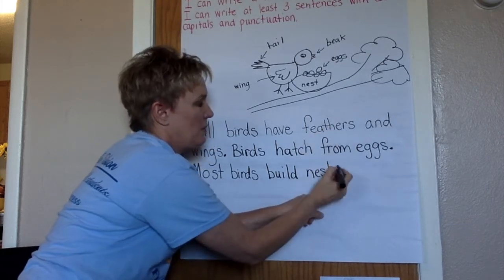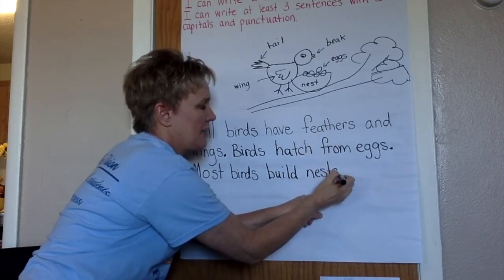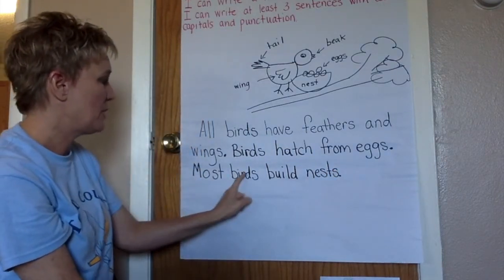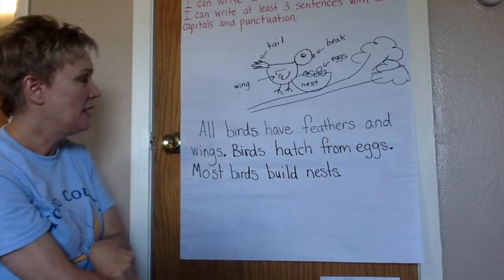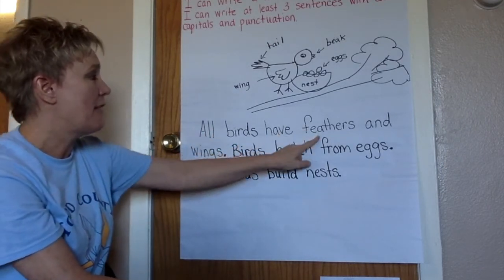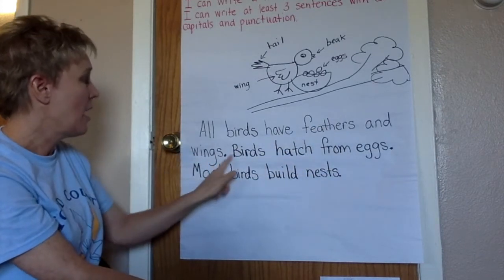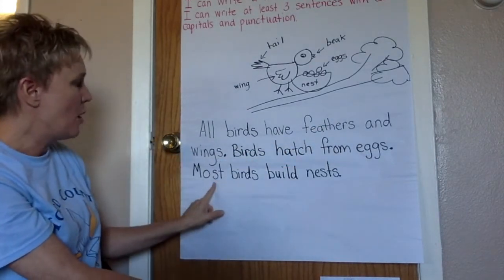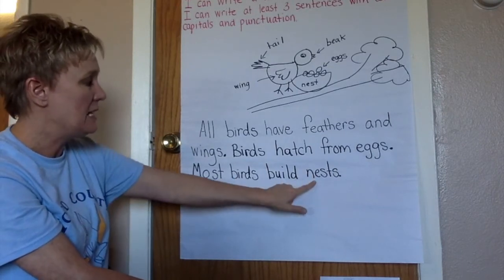And we know that when we say nest, we need to put that S at the end. Nests. And our punctuation. Most birds build nests. Let's go back and read the whole thing. All birds have feathers and wings. Birds hatch from eggs. Most birds build nests.